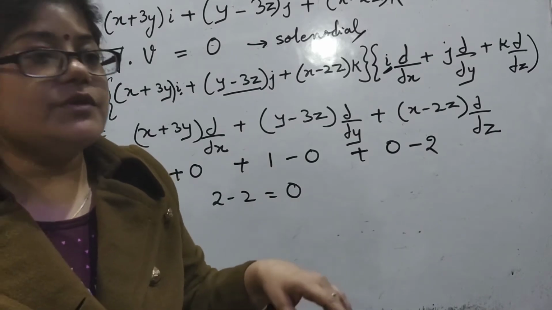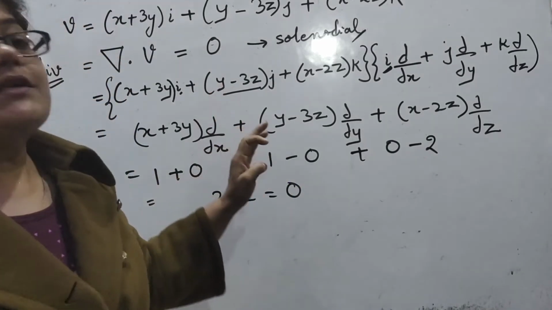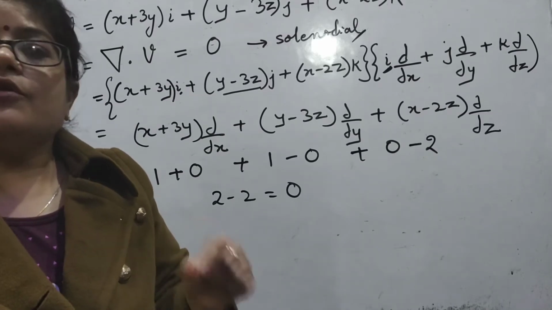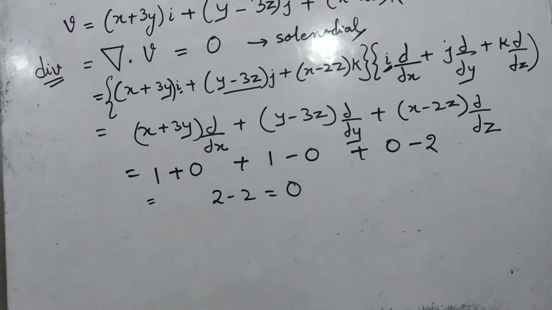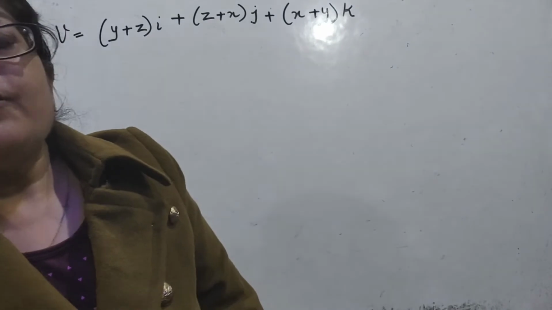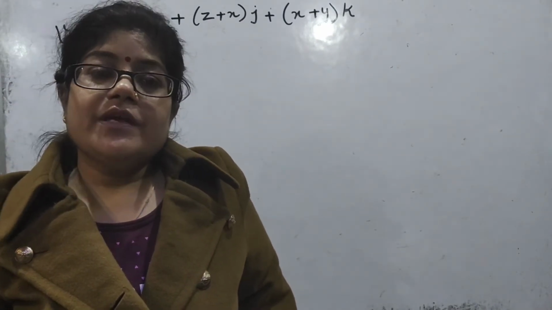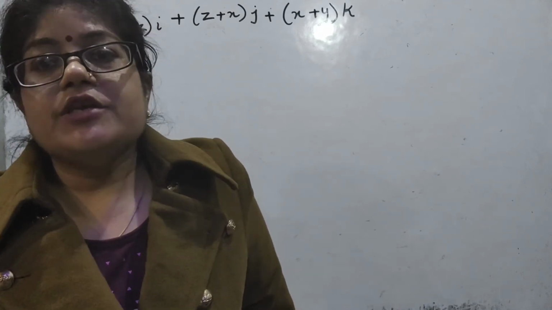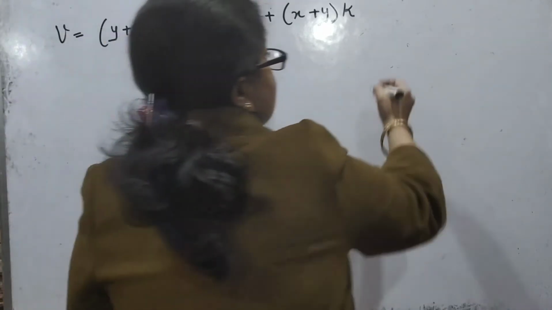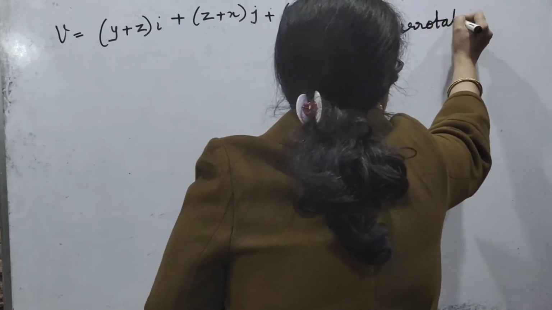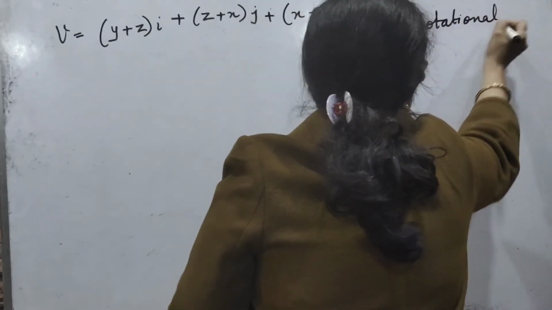Now I am shifting to tell you how you will find whether the given vector is irrotational or rotational. Now we study how we find out whether any vector is irrotational or rotational, that is, whether any vector is irrotational or not.